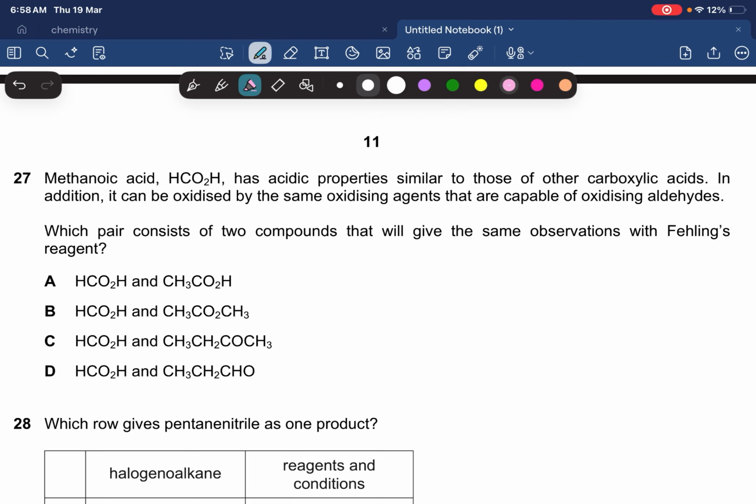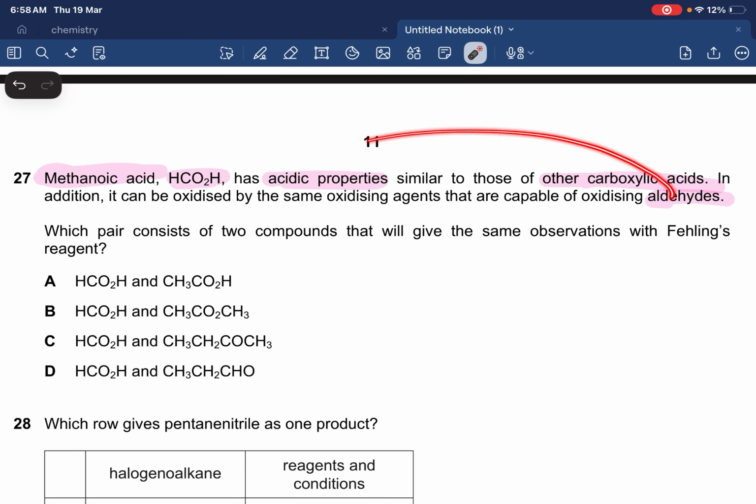So we're dealing with KMnO4, I think, because methanoic acid has acidic properties similar to those of other carboxylic acids, and in addition, it can be oxidized. Acids cannot be further oxidized, I guess, but they're saying that this acid is going to be, in fact. Aldehydes can be oxidized into acid.